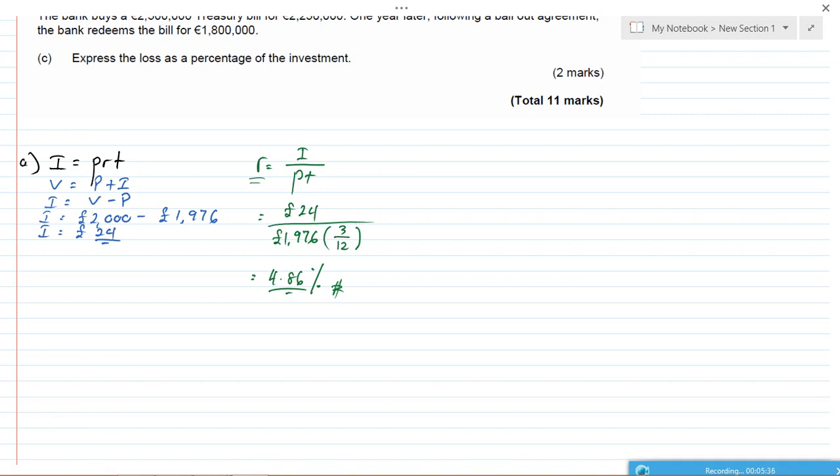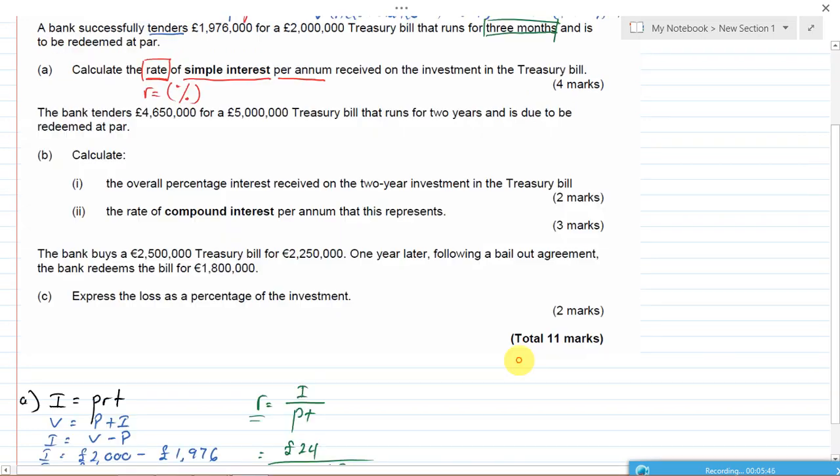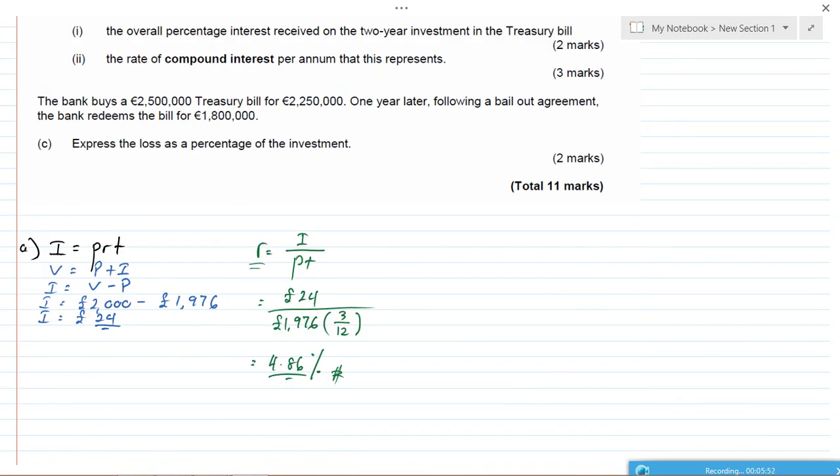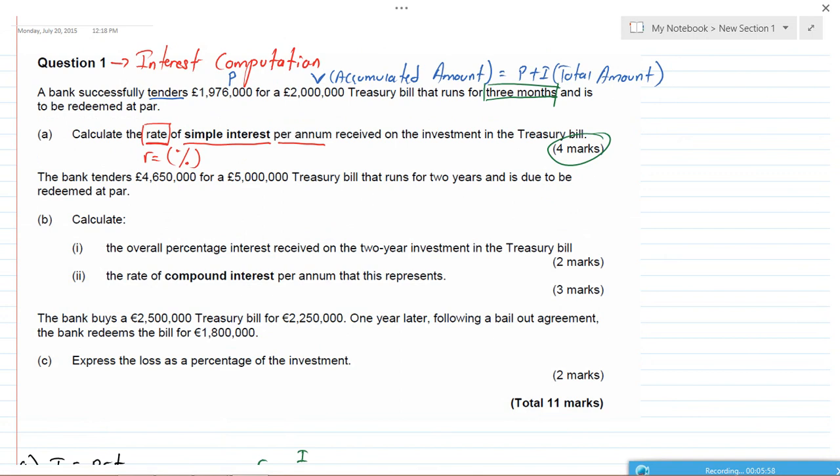So 4.86%, that's your interest rate. You will get 4 marks for that if you put the formulas, all the workings step by step, and the answer is correct. That's about part A, so we're done.